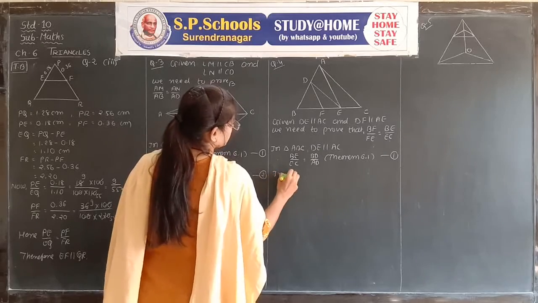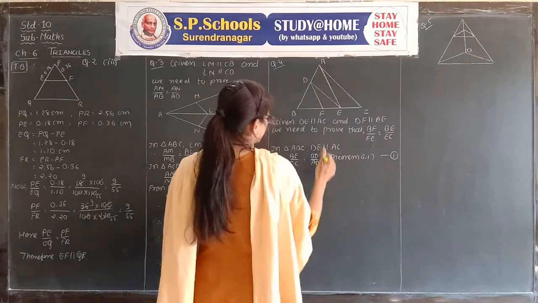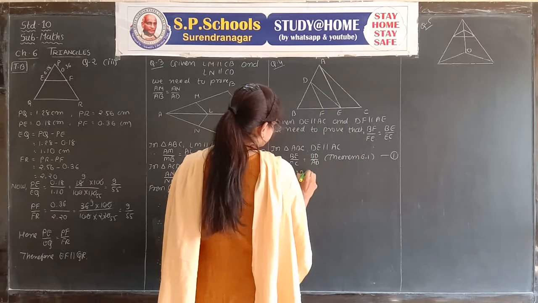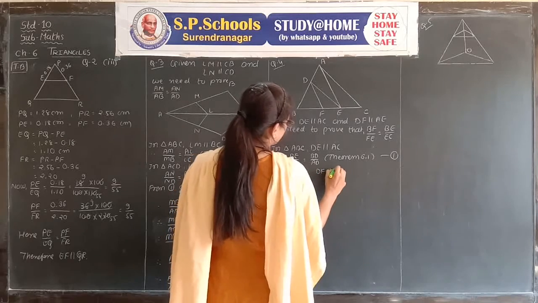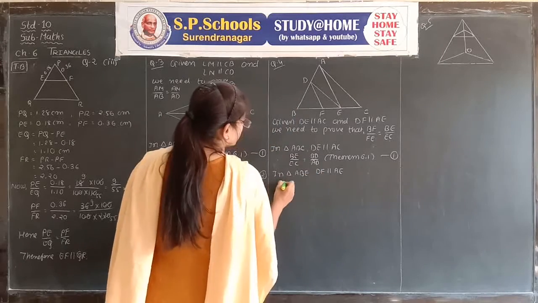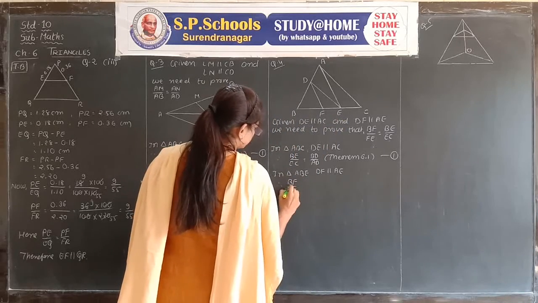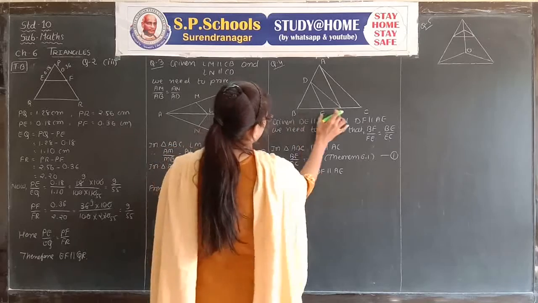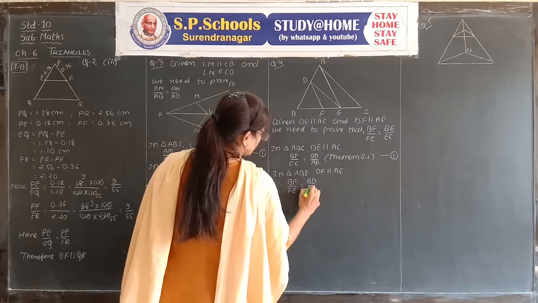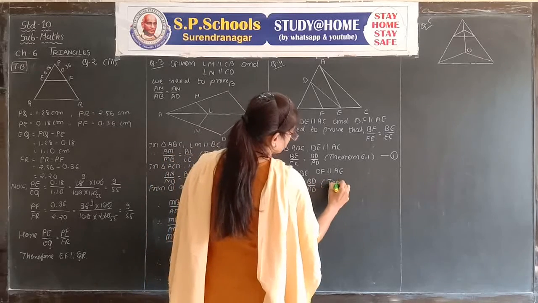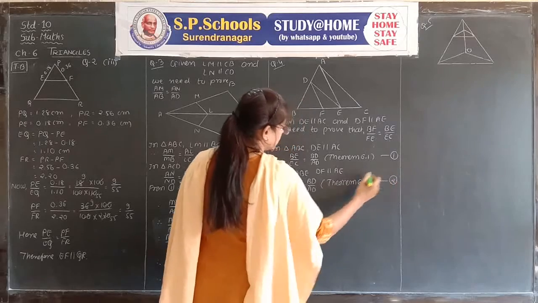Now in the second triangle, ABE, in which DF is parallel to AE, therefore BF upon FE is equal to BD upon DA, that is AD. Again Theorem 6.1, and this is result number 2.